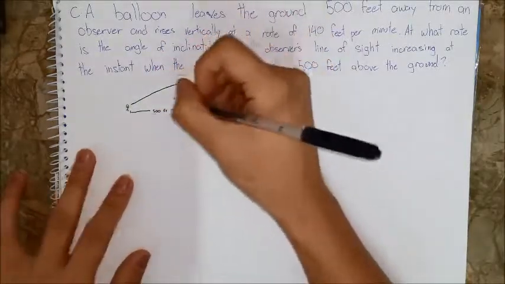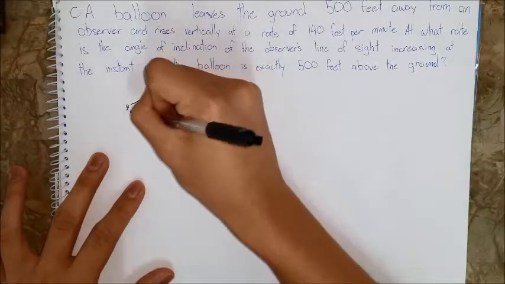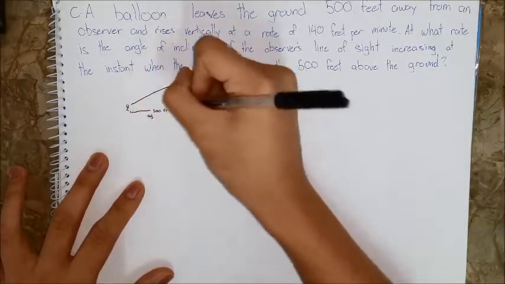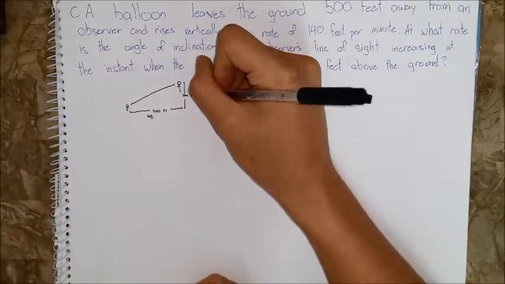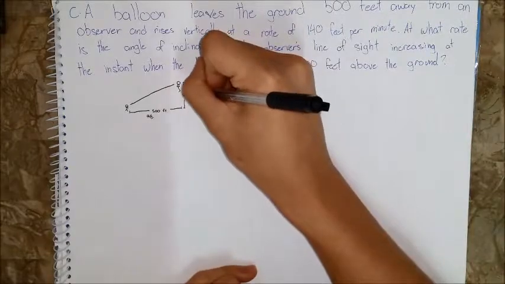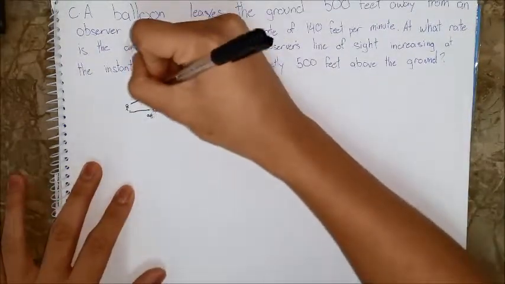So we have the adjacent, which is 500 feet, and the opposite, which is also 500 feet. And here we have the hypotenuse.